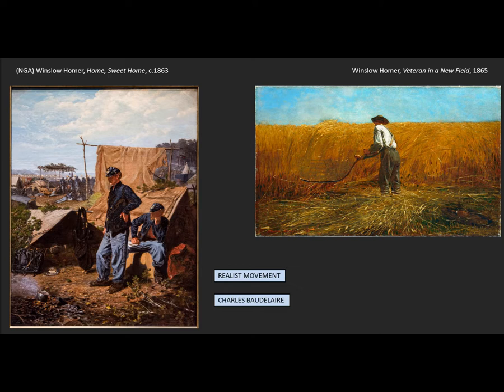In 1846, Baudelaire goes to the Salon, and he writes this 100-page review. In the review, he talks about the fact that amongst all of the pictures he's seen, very few of them are worthwhile because most of them are mythological scenes or historical scenes.